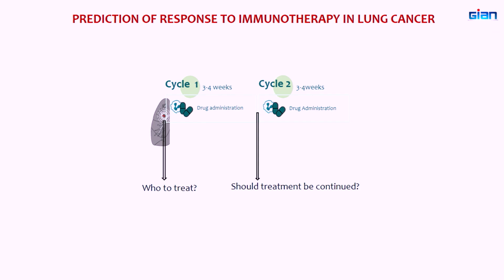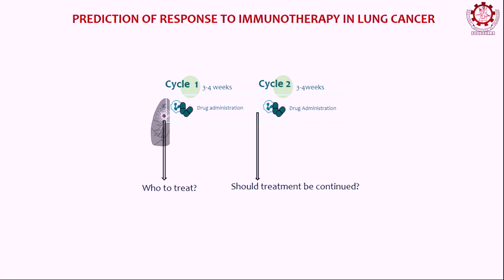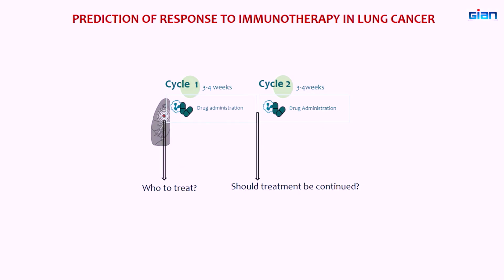There are certain patients who will respond, but for a certain group of patients, you will see that after a few doses they respond and then they stop responding, or they don't respond after a few doses. So, you need to know where to stop, right? It's not just saying who has to be treated, but also to evaluate whether the treatment should be continued or not, and that's another important question that clinicians need to answer.